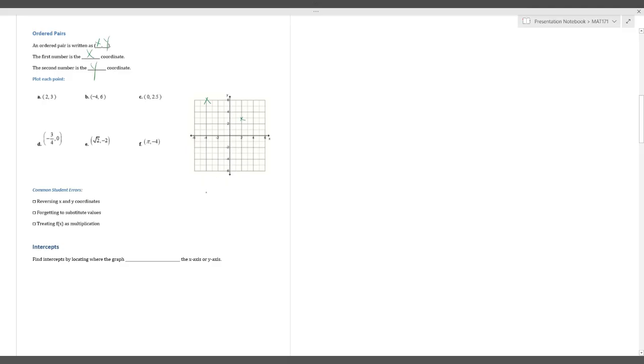Each one of these is a point on the graph. Some things that we can mess up on is reversing our x and y's. So remember that x comes first and then y all the time in ordered pairs. Okay.